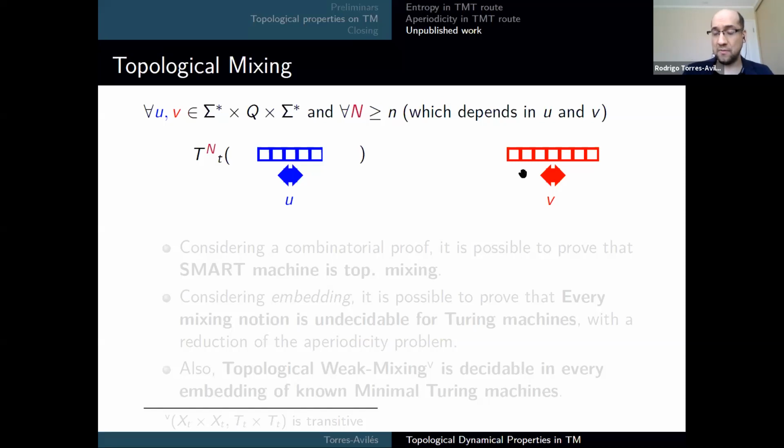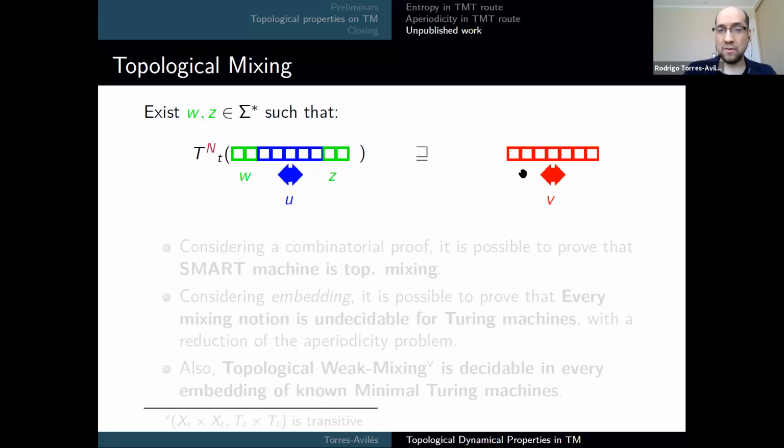Topological mixing is that if we have two finite configuration words U and B, in this case in TMT, then for every time n greater than a bound, called lower n, which depends on the finite configurations U and B, it is always possible to have completions W and C such that the evolution of this finite configuration completed by W and C at time n contains the finite configuration B.